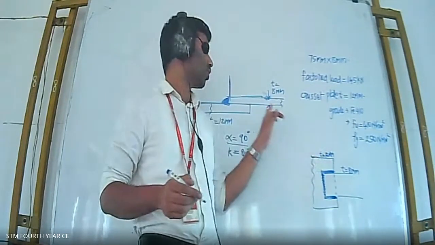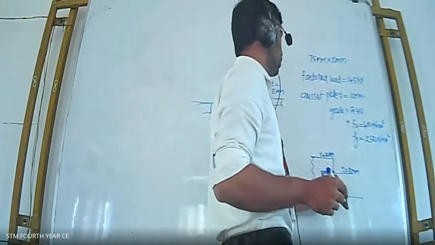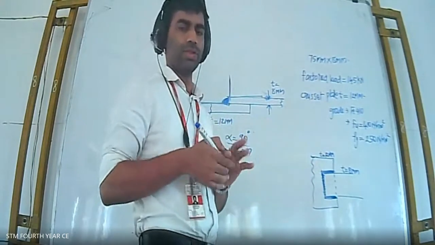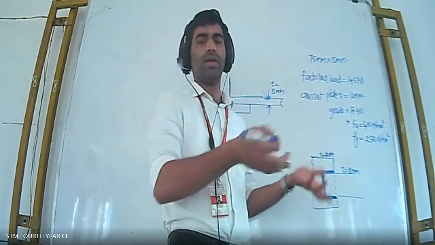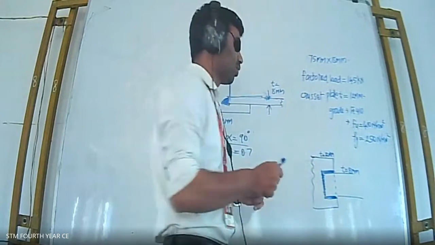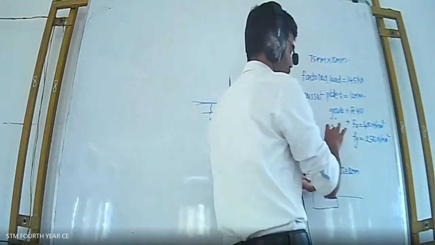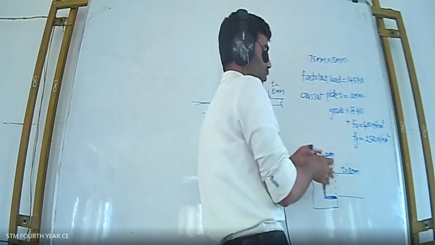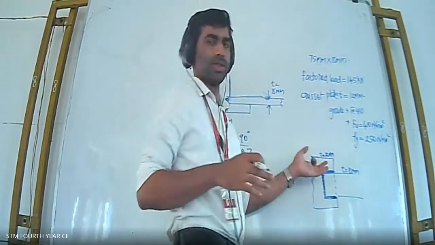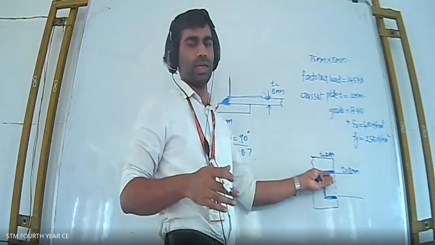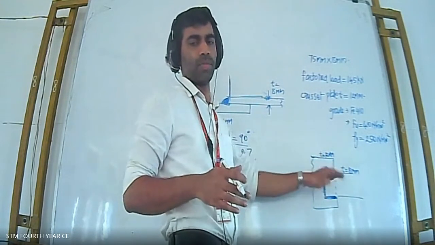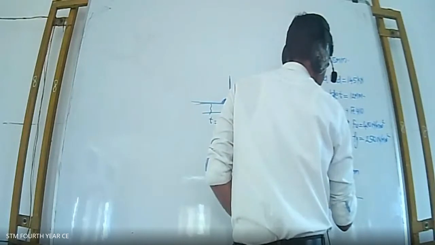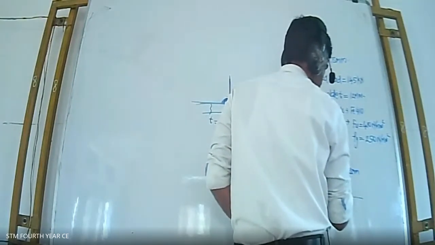If this length is also not sufficient, then what should you do? You have to flip the section from front to back. If it's like this, you have to do like this. After that you have to provide weld here. I hope the concept is clear.